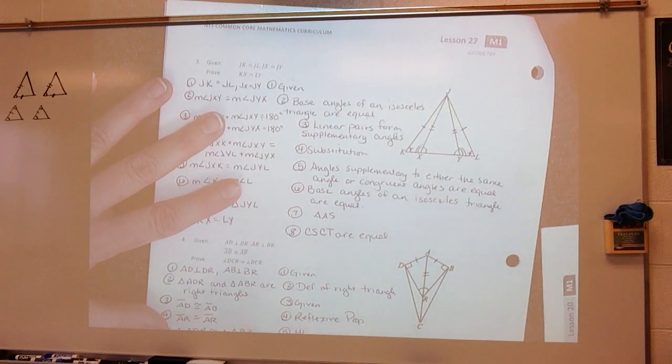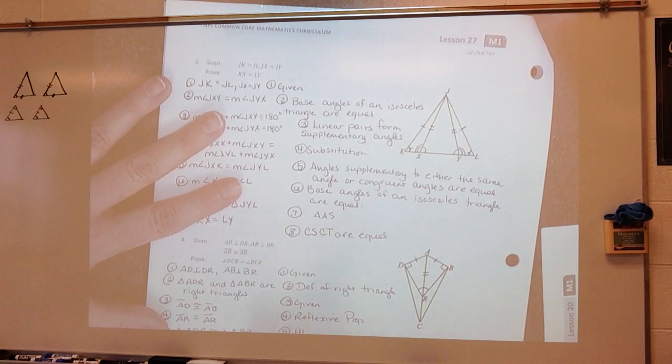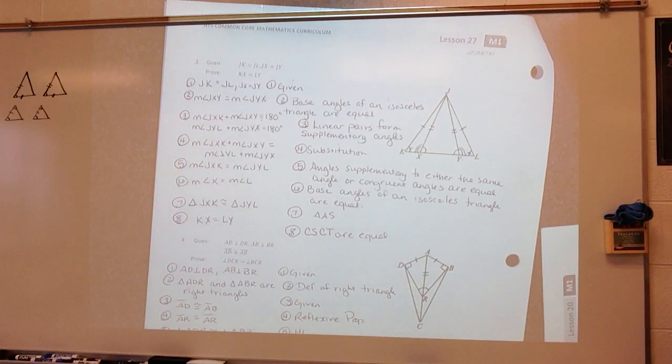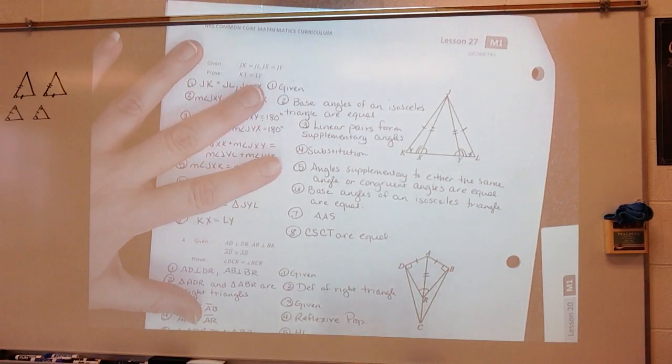And I'm going to put that second step here. Measure of angle BRA plus the measure of angle BRC, I want to make sure I get the right letters here, equals 180 degrees. Linear pairs form supplementary angles.